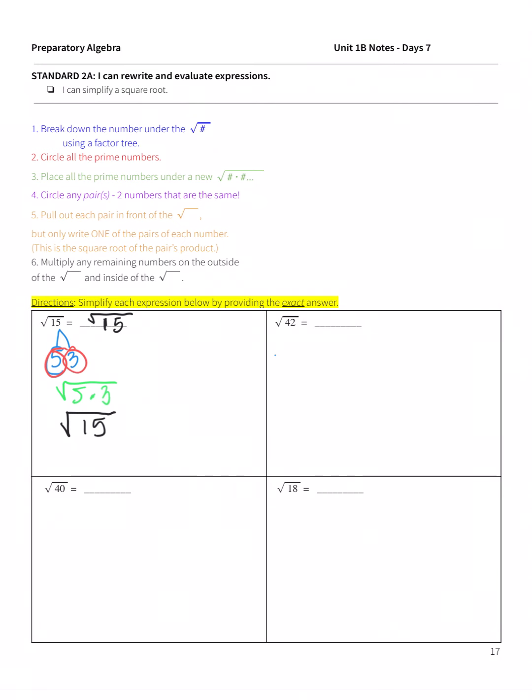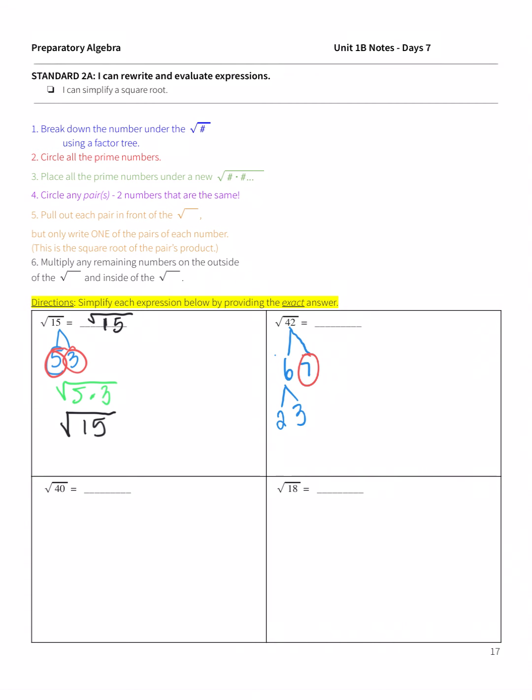Okay, here we go. Step 1, break 42 down into its prime factors. I'm going to start with 6 times 7. I know that 7 is a prime number, so I need to circle it. 6 is not, so I need to continue. We have 2 times 3.